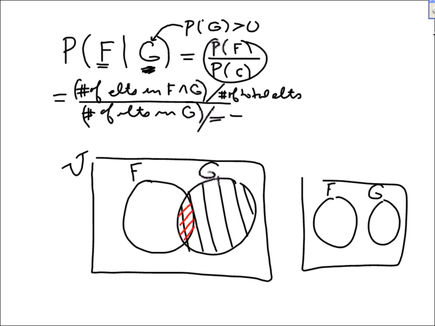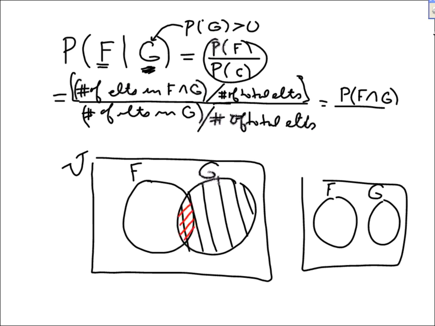Now, this numerator, that's the probability of F and G. And the denominator, this denominator right here, that's the probability of G. So the formula is exactly what I have on top.